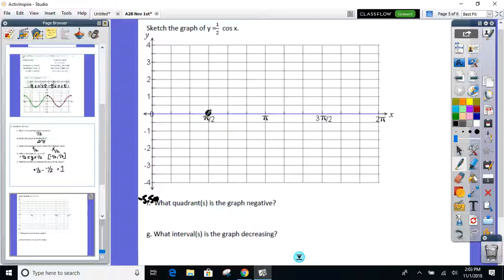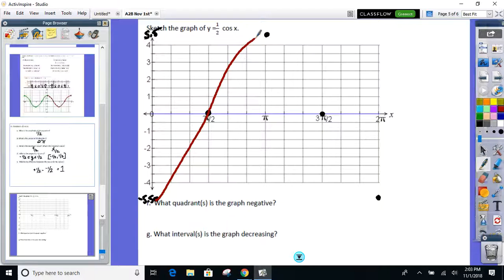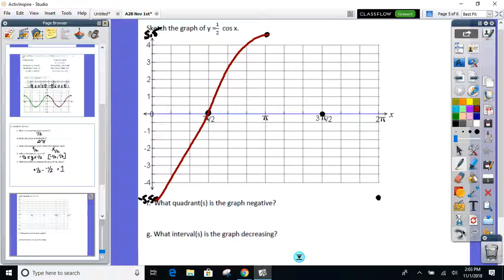Then usually it goes to its minimum, but we're flipping it, so it'll go to a max of 5.5. Then where? 0 and ends at, usually it's max, but we're flipping it, so -5.5 it'll end.